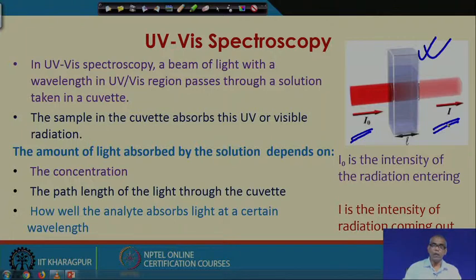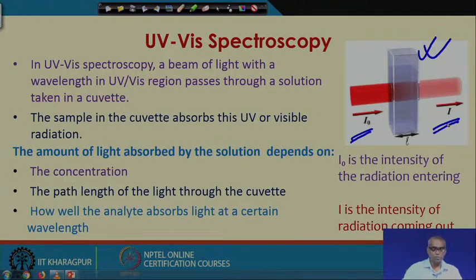Now, the amount of light that is absorbed by the solution will depend on certain factors. These factors are the concentration of the solution, the path length of the light through the cuvette, and how well the analyte absorbs light at a certain wavelength. So, there are three factors on which the amount of light absorbed by the solution depends.